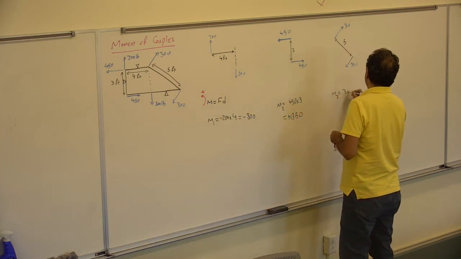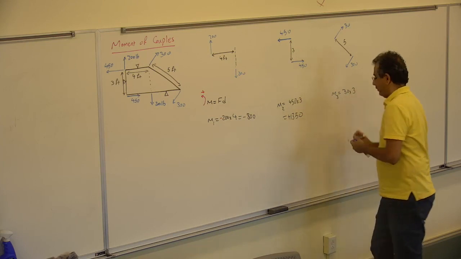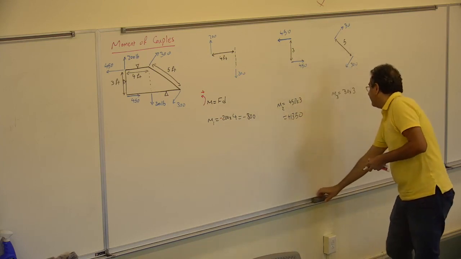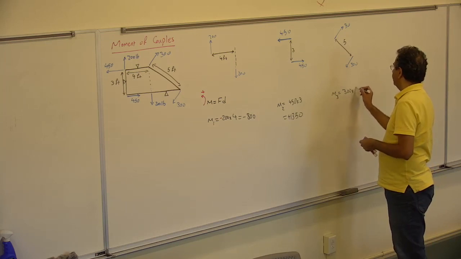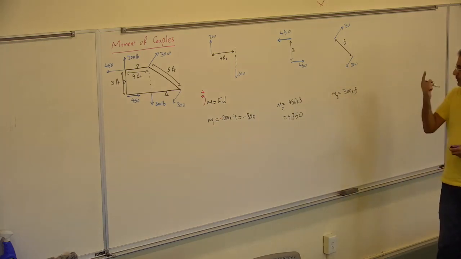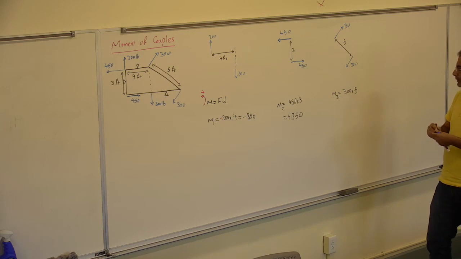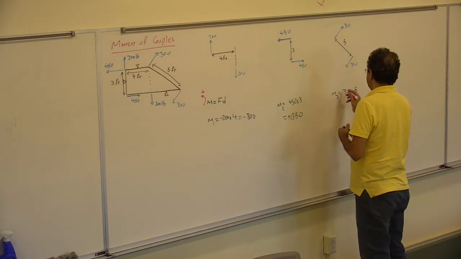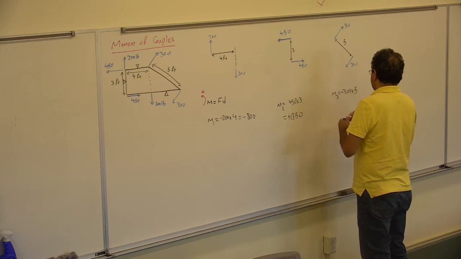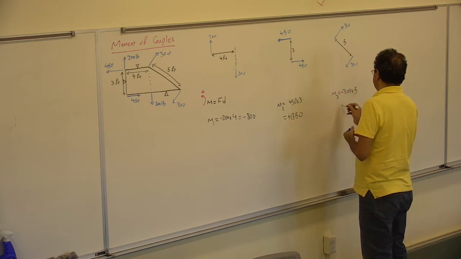So it's going to be 300 times 5, and positive or negative? Negative. So negative 1,500. Counterclockwise, negative. So negative 1,500.